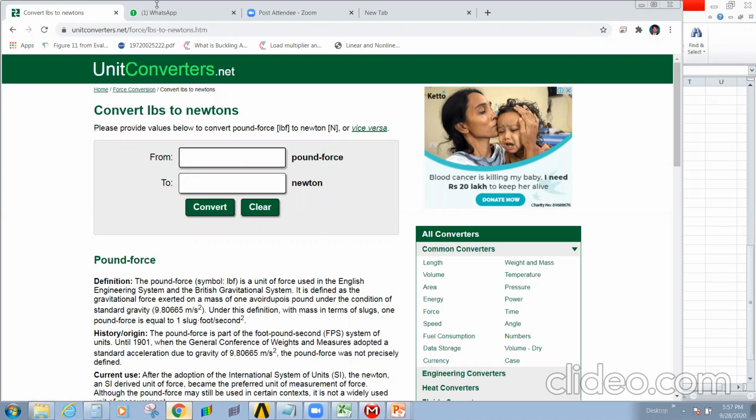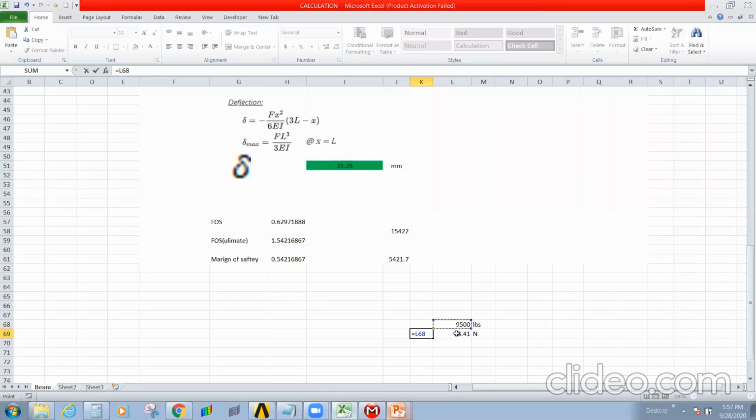Okay, so our value will be 4.45, you're taking as multiplying with 42,000. This is divided by 2, because each load.